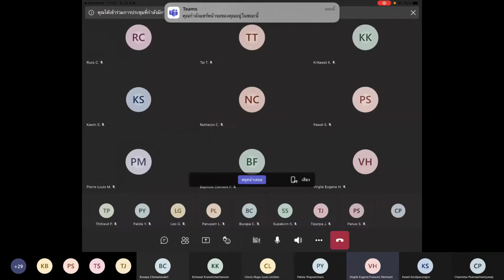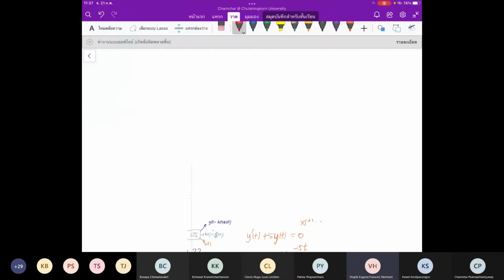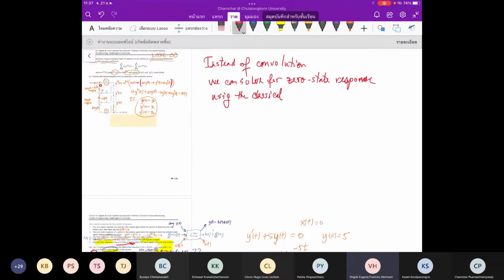I'm going to show you the classical way, the method you learn from advanced mathematics. It's probably easier that way instead of using convolutions. So for the classical methods, we solve for y(t).